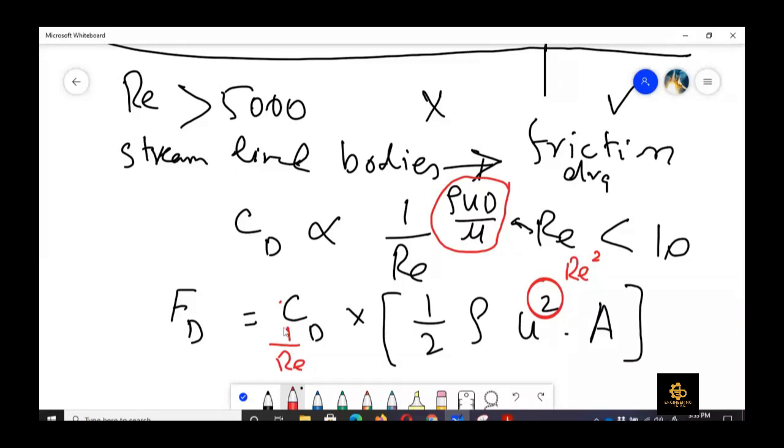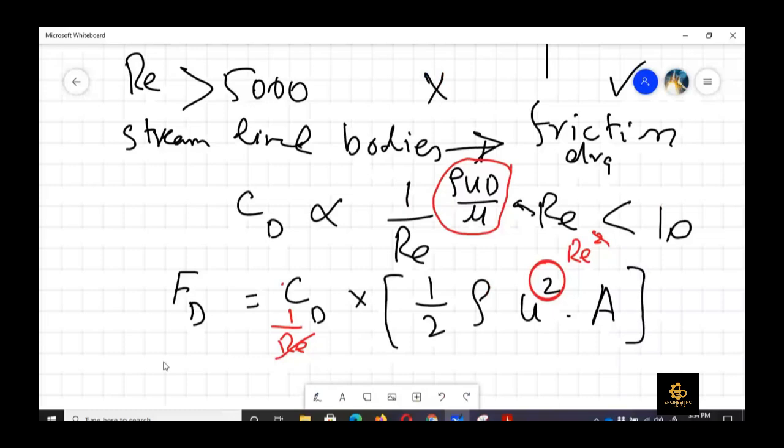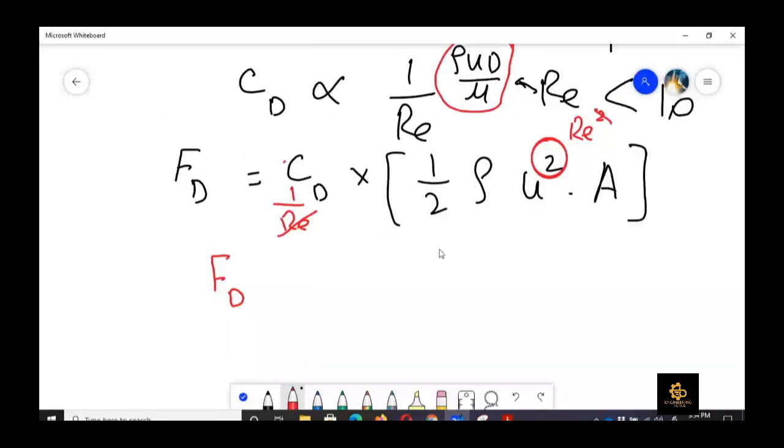So this 1 upon Reynolds number would be cancelled out with the square, and I can say that FD is proportional to Reynolds number. Now, Usama, it would be clear to you why, with an increase in Reynolds number, the total drag force would increase.